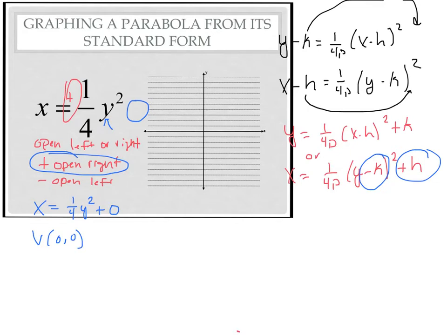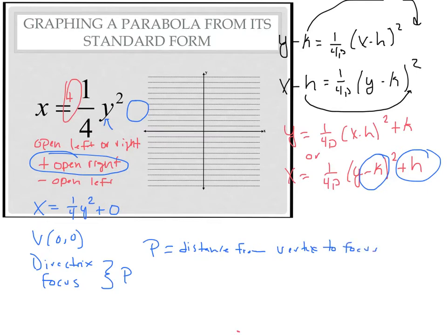The other things that I need are the directrix and the focus. These are all based on this variable p. So what's p? P tells us the distance from the vertex to the focus and the distance from the vertex to the directrix.